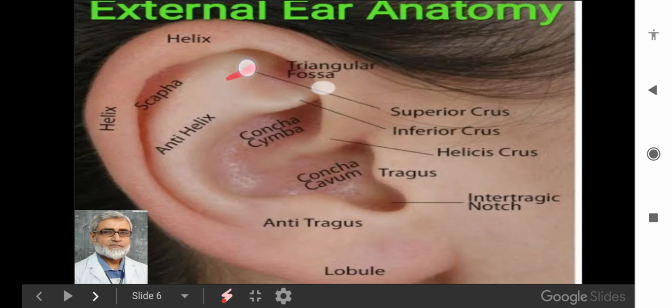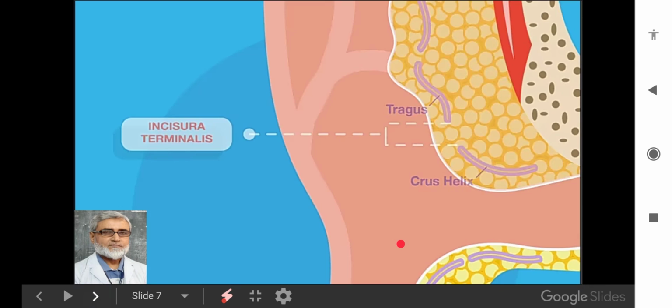This region is the superior crus, then inferior crus, crus of helix, concha cavum, tragus, intertragic notch, antitragus, and ear lobule. So come to the next slide.